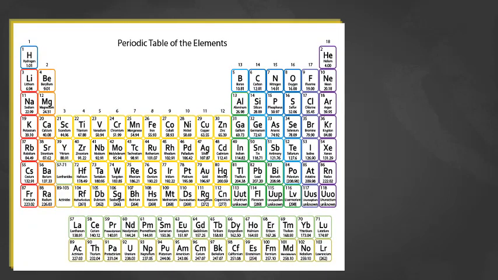On the periodic table, you'll see listed below the symbol of chlorine is 35.45, which is the chlorine's atomic mass. The atomic masses listed in the periodic table are not always whole numbers because atomic masses are weighted averages of naturally occurring isotopes.